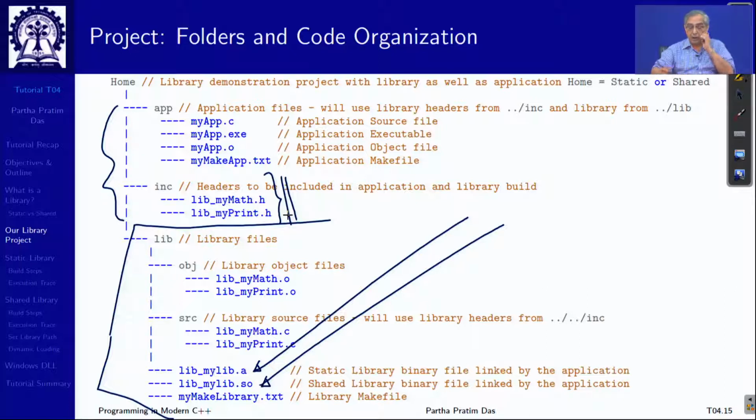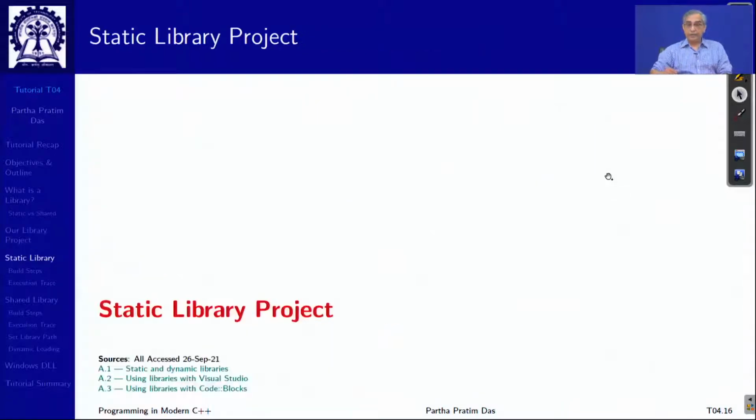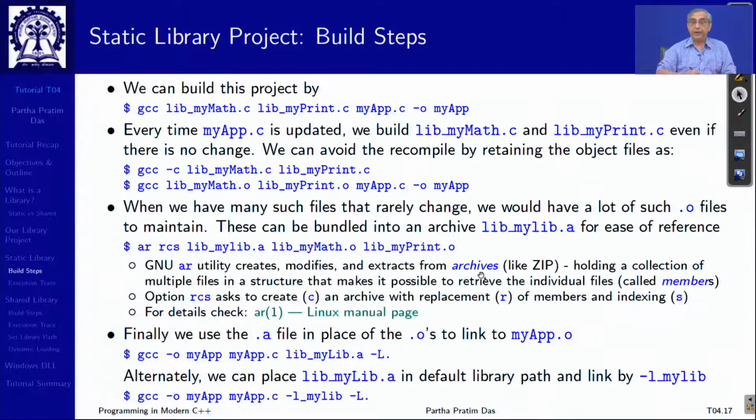So, I have gotten into the inner details of the library structure and possibilities. Let me first build the static library project. I can build this project by putting everything together. If I did not do a library, my math.c, print.c, app.c would all go into my app.